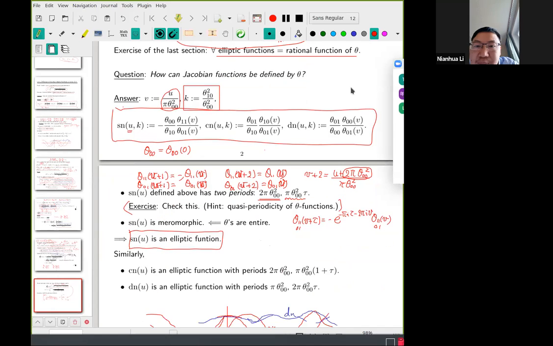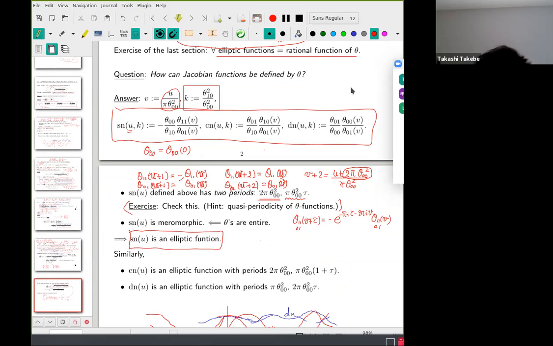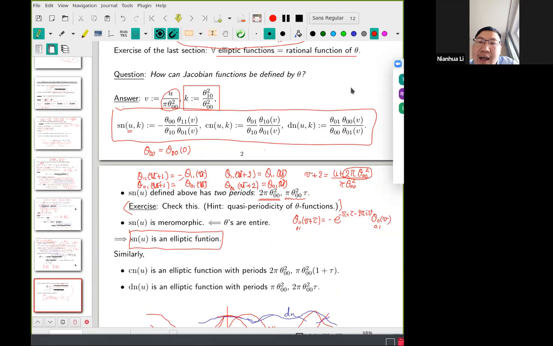How to extend the elliptic function from R to complex? From what? From R to the complex plane.